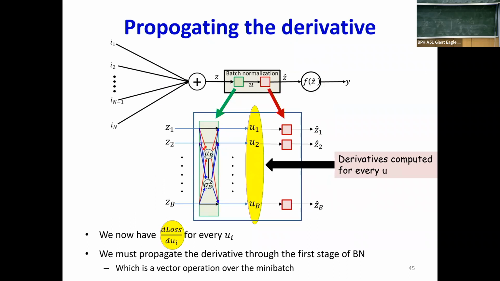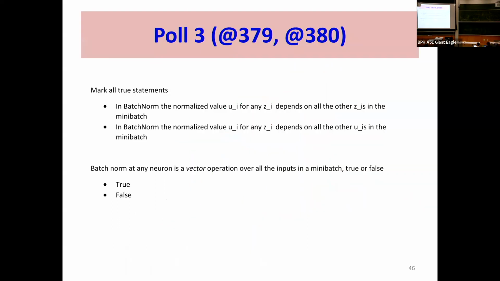So we've got the derivatives going backward all the way to u. And there was really no challenge in this. The real challenge is now figuring out how to compute the derivative with respect to the z's that went in, given the derivatives that you had with respect to u, right? For this, let's first answer a couple of questions.